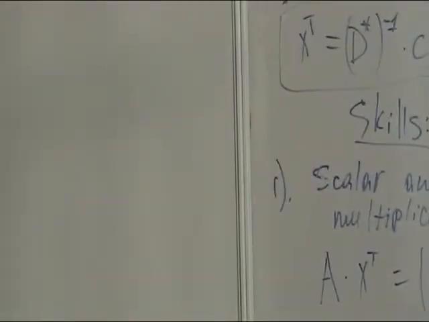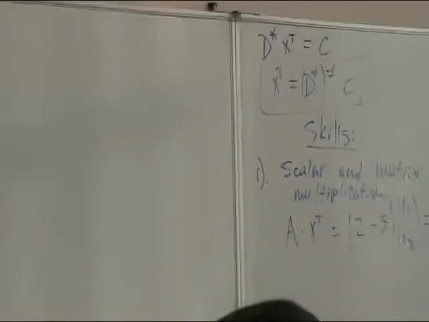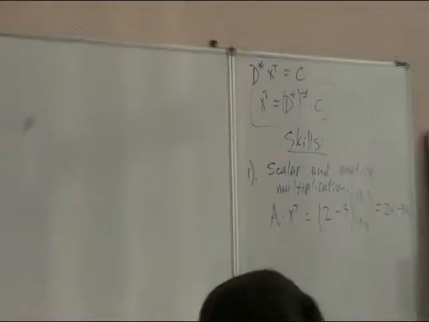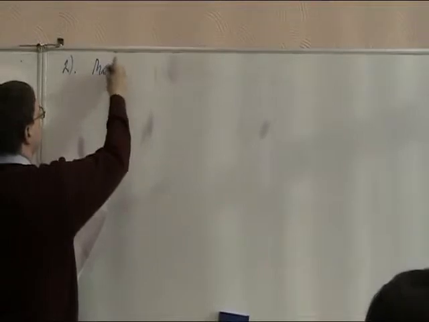Now we have multiplication of the matrix by matrix. I will add vectors here.